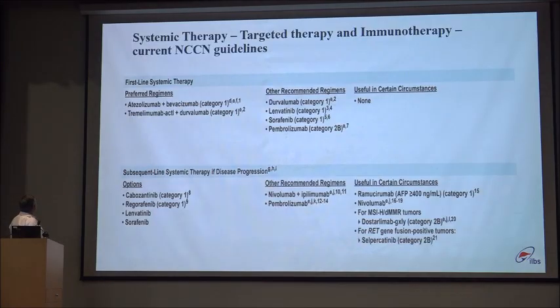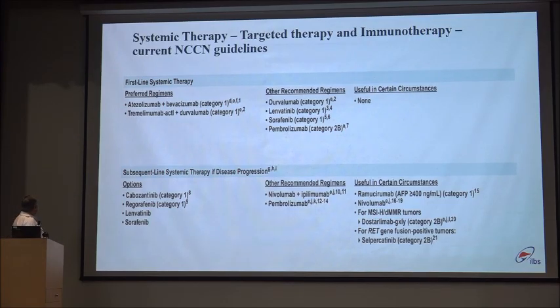Next slide. This is the NCCN guideline for targeted therapy and immunotherapy. The first-line systemic therapy, the preferred regimen, is atezolizumab plus bevacizumab.